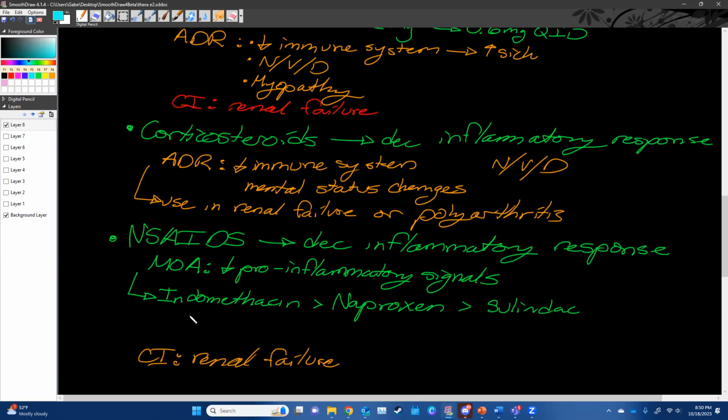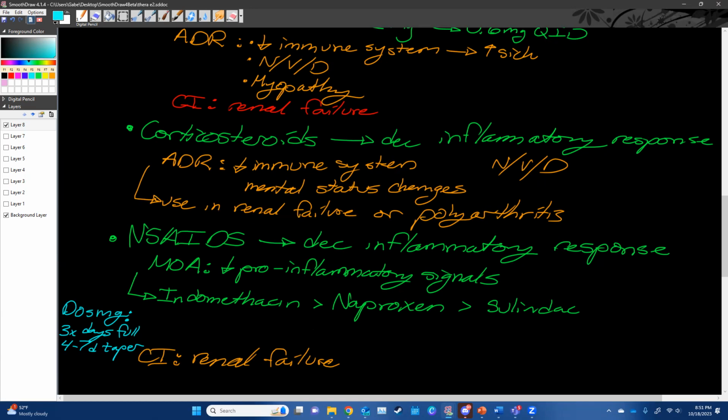So for indomethacin, what's important to note about the dosing here is that you have 3 days of the full dose, then days 4 to 7 is a taper. We want to use corticosteroids in renal failure.